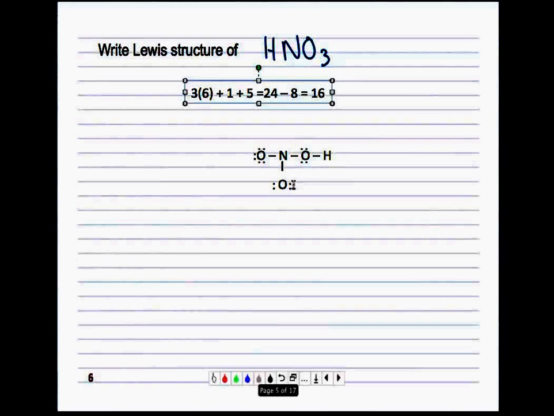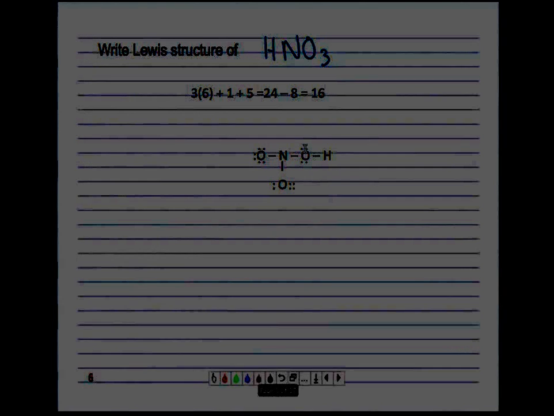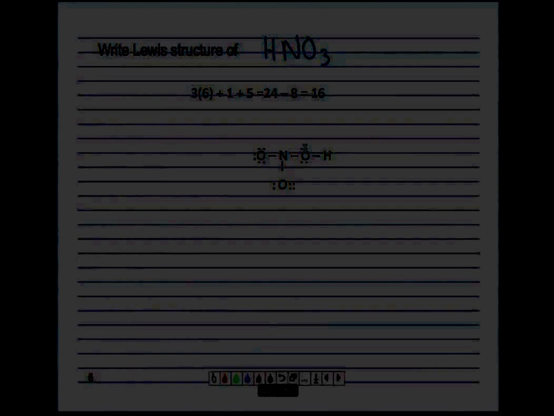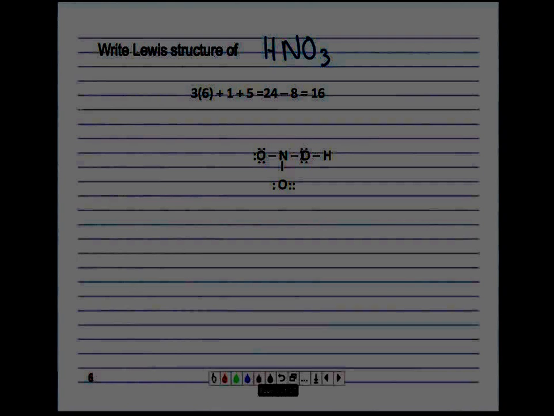Then I'm going to put those 16 electrons on the terminal atoms. 1, 2, 3, 4, 5, 6, 7, 8, 9, 10, 11, 12, 13, 14. Okay? Then I'm going to look exactly as we did before. We're going to look at each atom in there to see if it has the octet rule or not.